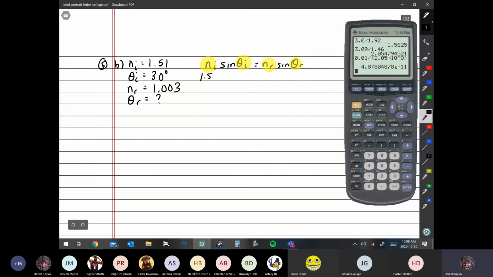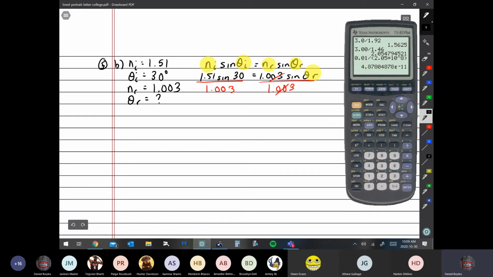So 1.51 sine 30 equals 1.003 sine theta R. We are searching for theta R. First step, divide both sides by the number attached to sine theta R. This will remove it, and we will slowly start to get theta R by itself.